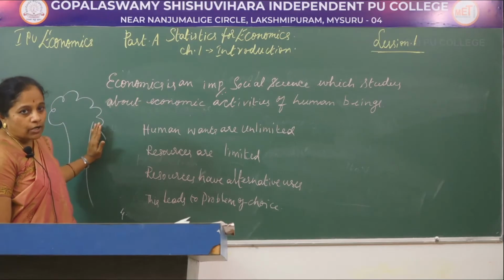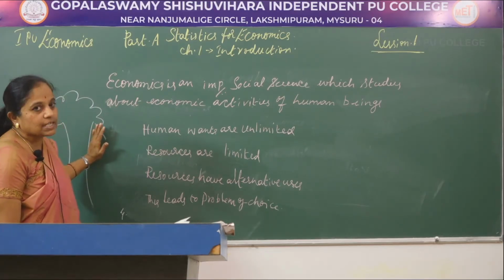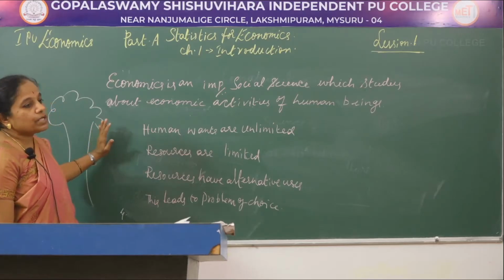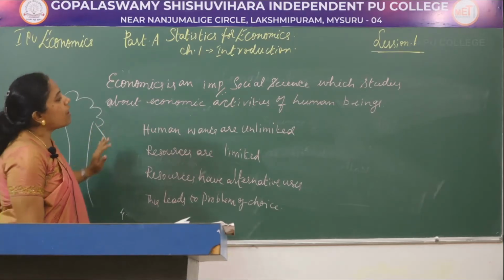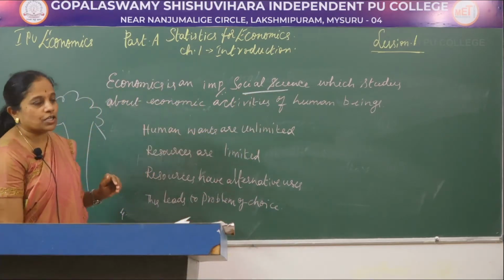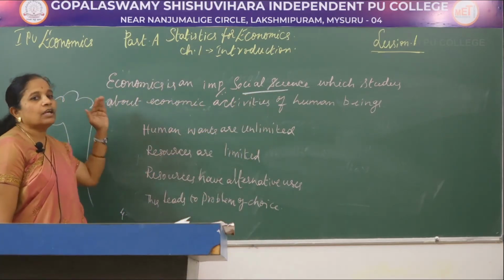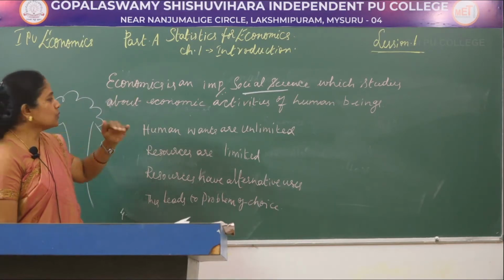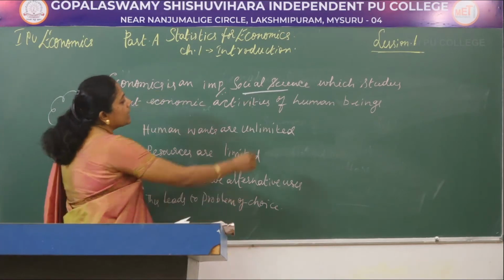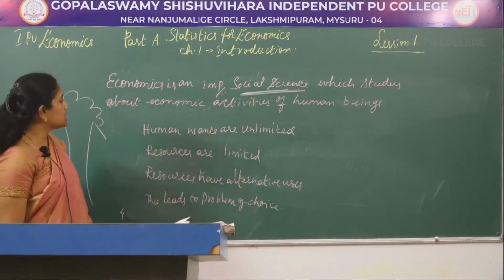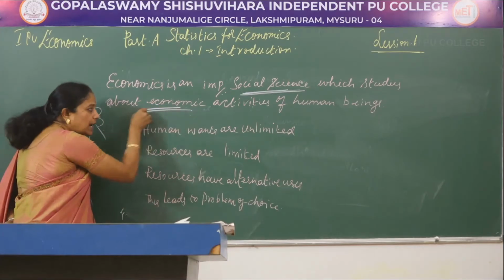No branch of knowledge or social science is complete without economics, because economics is an integral part of all social sciences and branches of knowledge, since for everything we have to think in terms of the economy. So economics is a very important social science which studies economic activities.